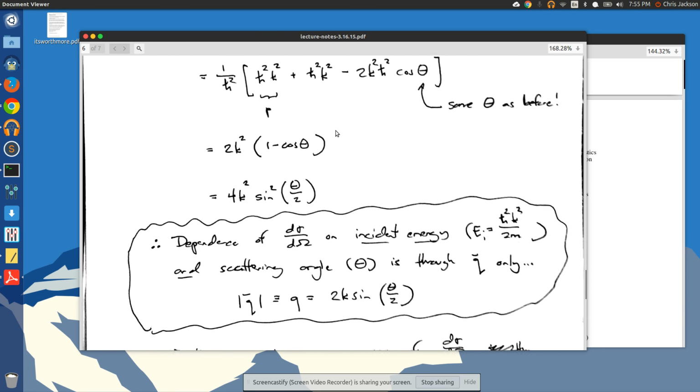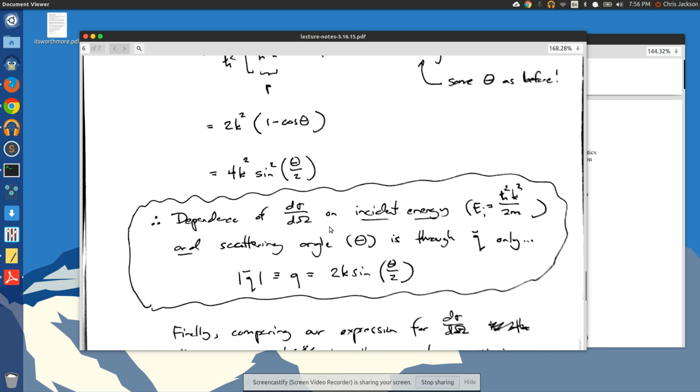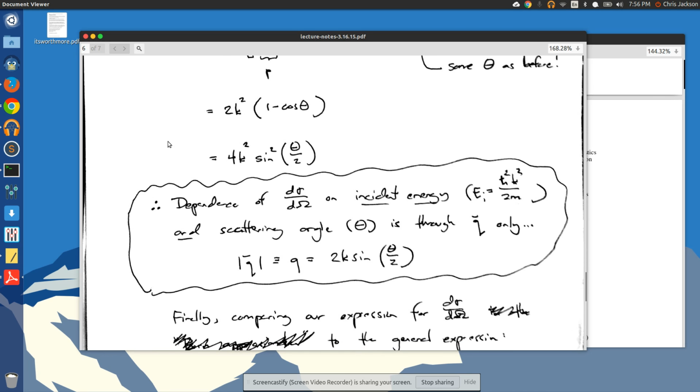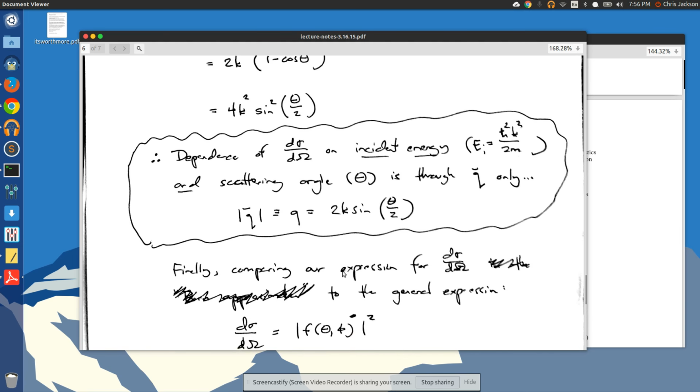This factor of k squared is related to our energy squared, and this factor here takes up all the angular dependence. So if I take the square root of this, I get the magnitude of the momentum transfer.